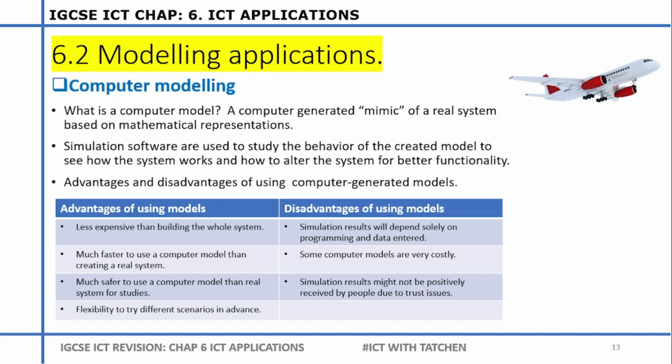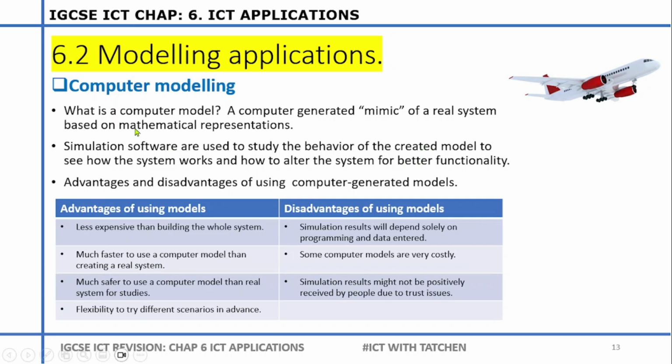Before you implement the system, you want to see if you can make a prototype of it. Like before the plane was made like this, they did not just get into the industry and start producing planes. No, you need to create a model, like use a computer, maybe you design the whole plane, do some simulations to see how it works, and that is like you're mimicking the real system.